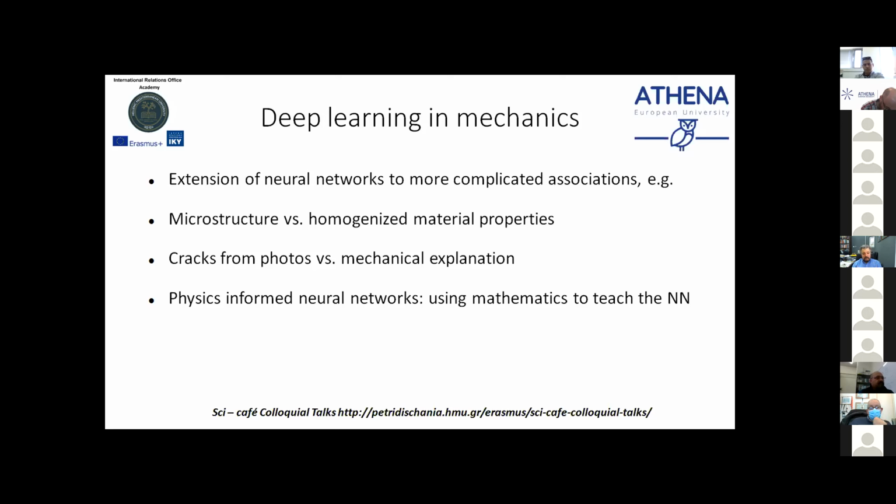Or to identify cracks from photos and give a mechanical explanation of how they have been created, how they can be taken into account in some calculations. And the last step, which is modern today, is to use directly the physics in order to train the networks. That means to work with physics-informed neural networks.